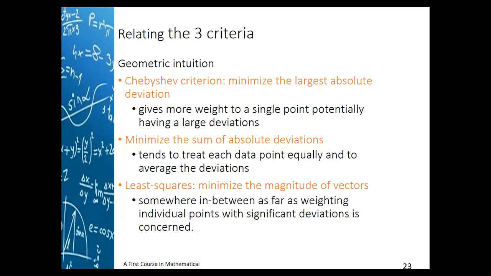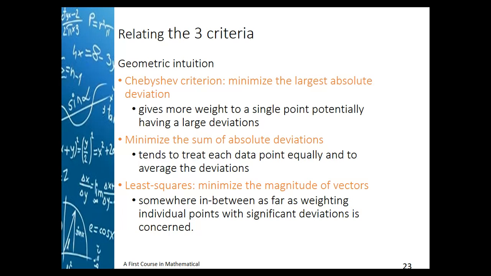Okay, so let me recap and summarize these criteria a little bit. If you have the Chebyshev criterion, what you need to do is minimize the largest absolute deviation. The difference is that the Chebyshev criterion does not involve the sum of the absolute deviations. It involves a single point.